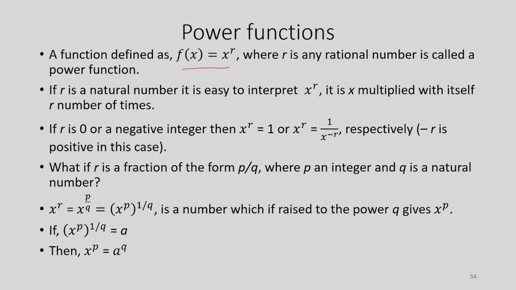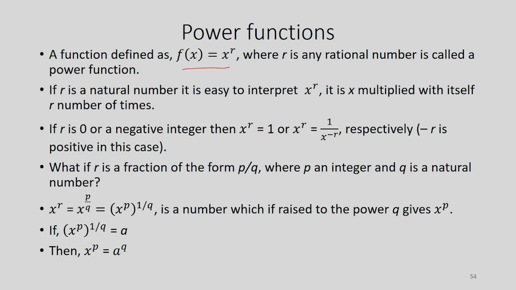Now, here there could be some difficulty in interpreting this x to the power r if r is not a natural number. If r is a natural number, then it is easy to interpret x to the power r. If r is any natural number, 2 or 3 or 4, these are natural numbers, then x to the power r is easy to interpret.